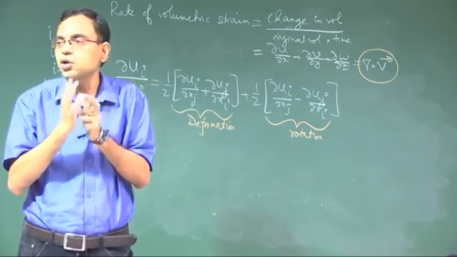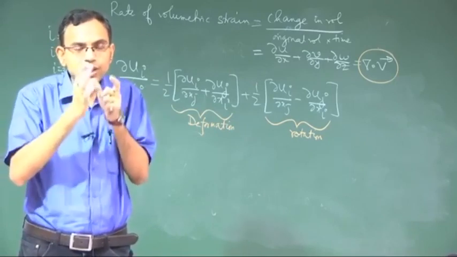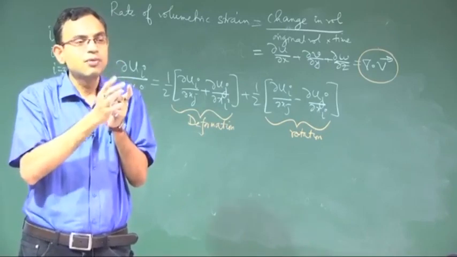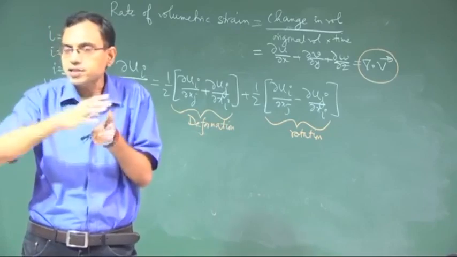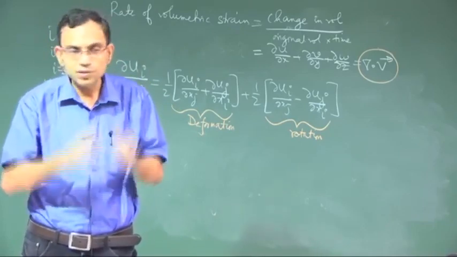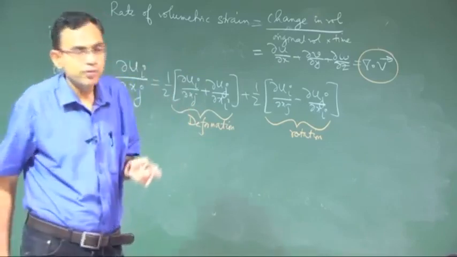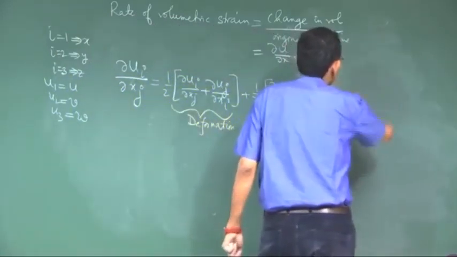Mass conservation is not fluid kinematics, that needs to be clarified, but we are bringing that in the context of fluid kinematics, because volume deformation is an aspect of fluid kinematics and mass conservation can be related to volume change. So that is the whole picture that needs to be clarified before we discuss this.